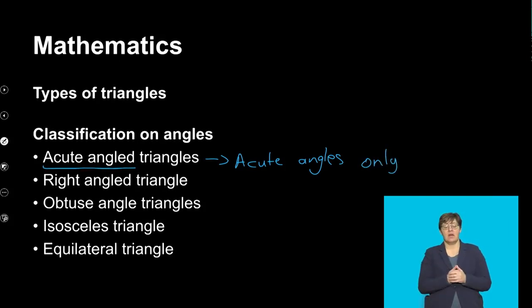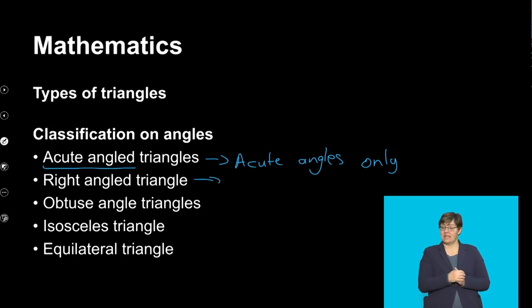Then right-angled triangle, this one does not necessarily mean the same as my first description of an acute angled triangle. It does not mean that there are three right angles in there.